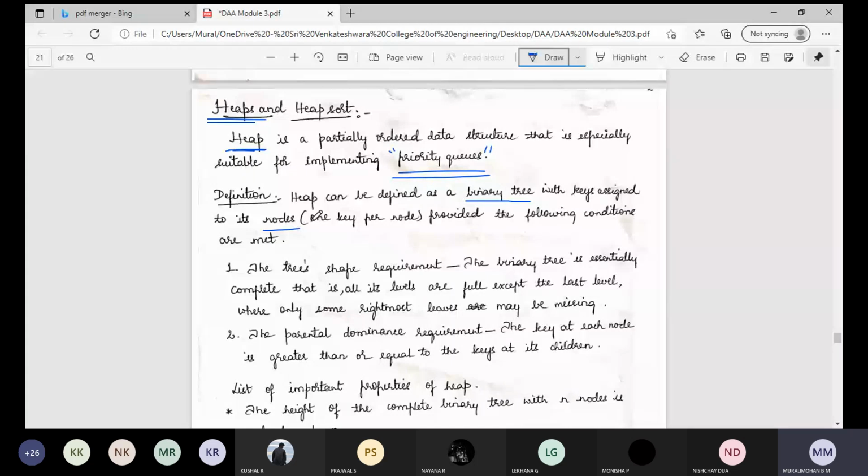If we want to construct a binary tree, we need to follow some conditions. The first one is the tree's shape requirement.